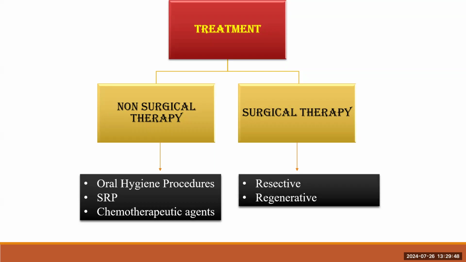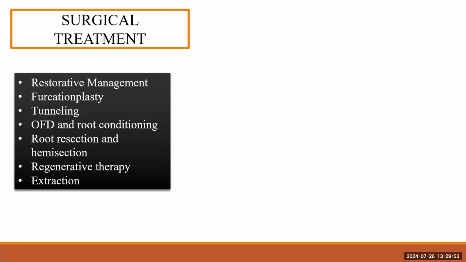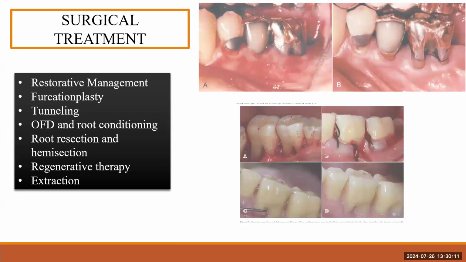Surgical therapy can be resective as well as regenerative. This can comprise restorative management, furcation plasty, tunneling, open flap debridement and root conditioning, root resection and hemisection, regenerative therapy, and the last stage is extraction. When nothing else works, we have to extract the teeth.